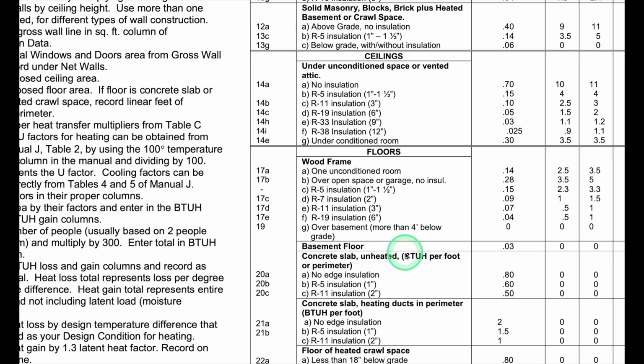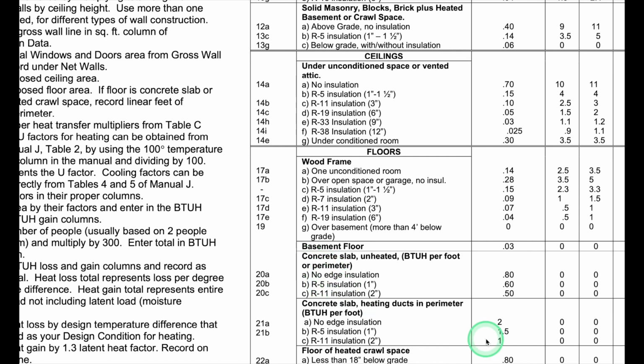You'll notice in the abbreviations here, it says BTUs per foot of perimeter. So instead of using the area of the floors, we're going to use the perimeter, and multiply it by the no edge insulation factor, so there's no insulation on the edge of the concrete. Our heat transfer rate on the concrete edge is going to be 0.8. That's where we're getting our numbers.